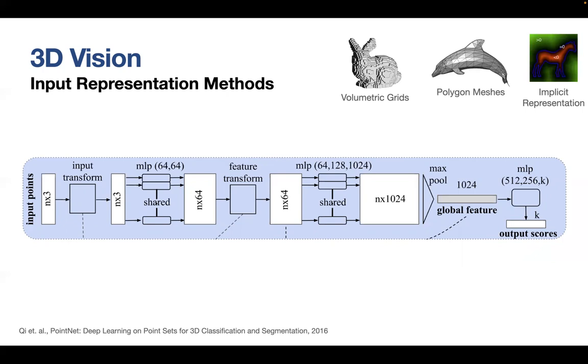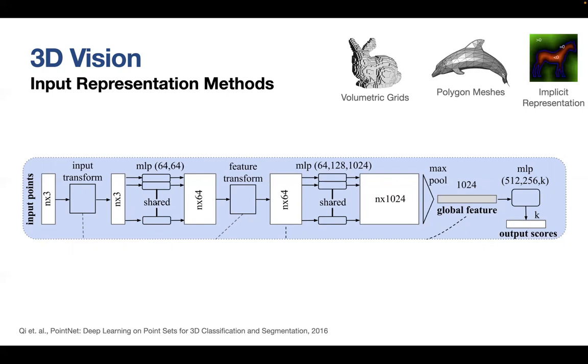Then we have this input transform layer, which is just an MLP that gives the network the opportunity to apply any transformation to these points. It's still going to be m by 3, but maybe we reorder the points, or maybe we just shift the points. This can act as an augmentation of any kind.